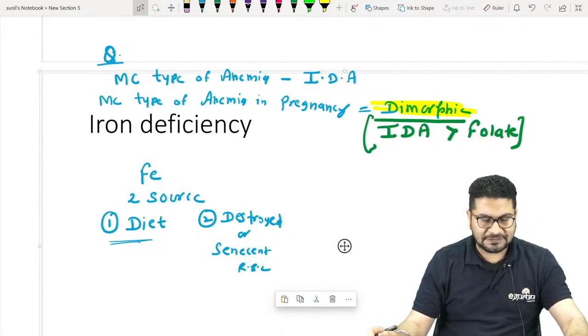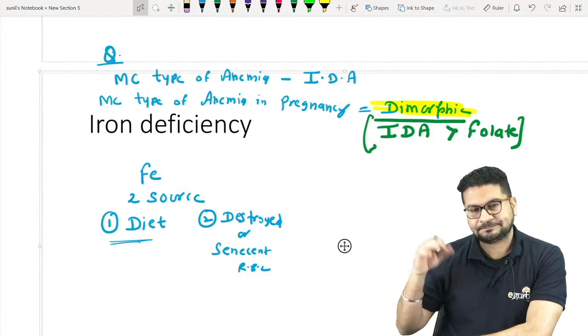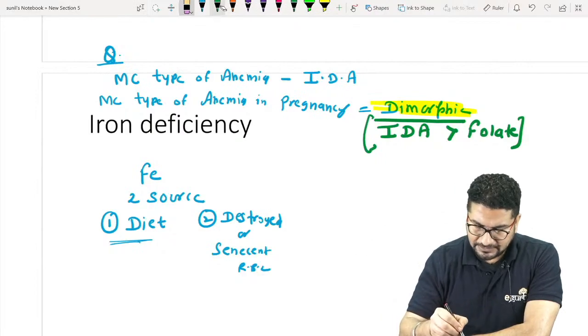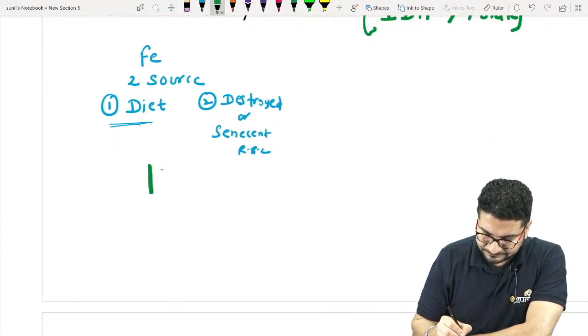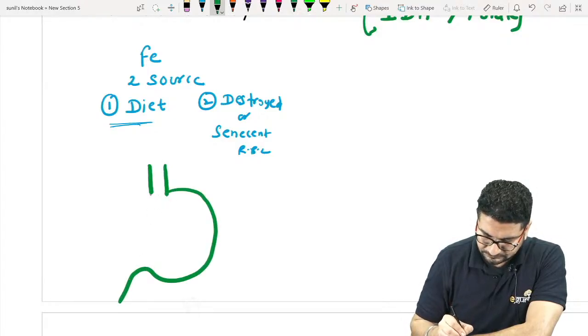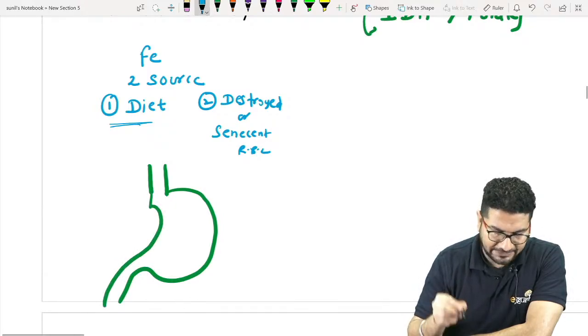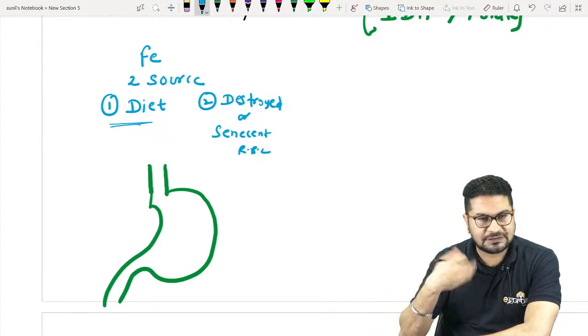If I say these senescent or destroyed RBCs are going into your stomach or GI tract, and if I draw an image here, this iron is going into your stomach.